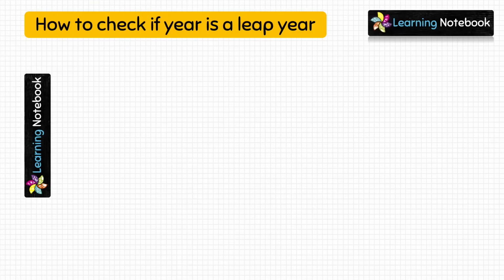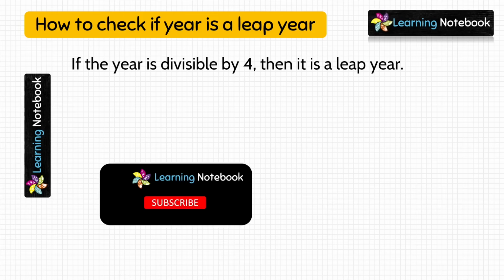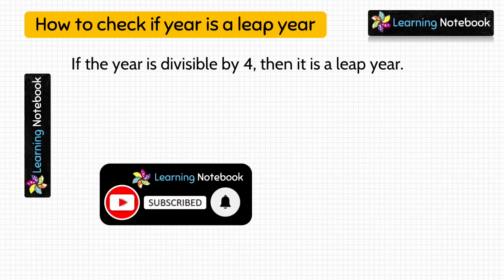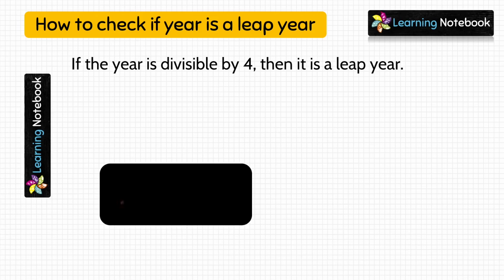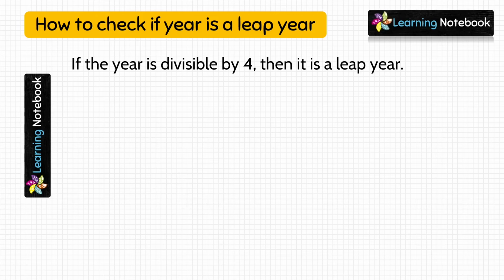Now let's see how to check if a particular year is a leap year or not. For this, students, we simply need to check if the year is divisible by 4. Divisible by 4 means that on division, we should get the remainder as 0. Let's take an example to understand this. 2008.